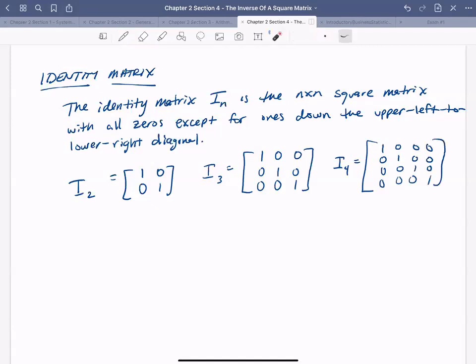You can see that from the upper left to the lower right, the diagonal is ones, and all the other entries are 0.